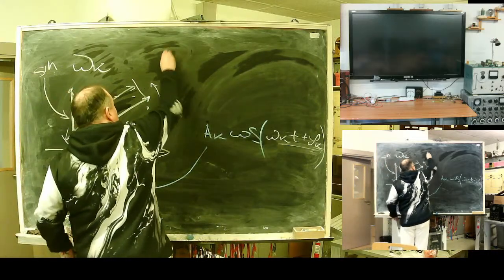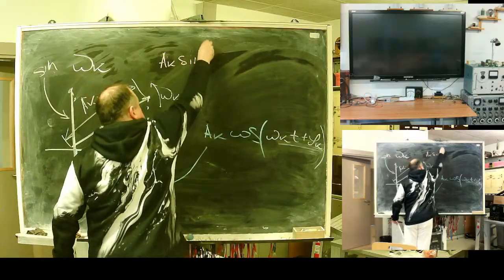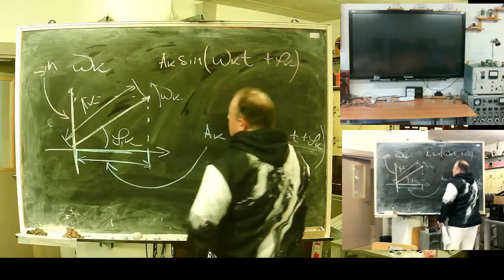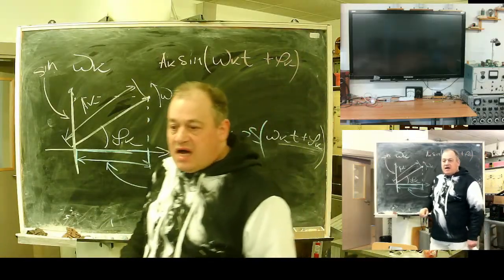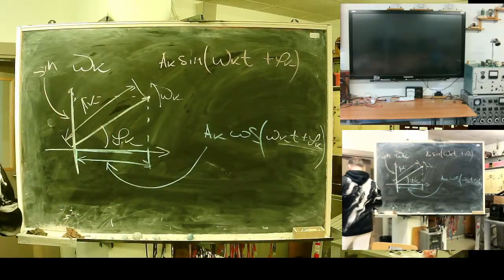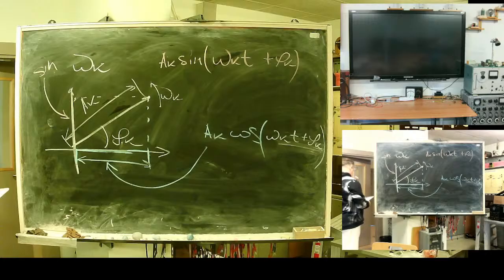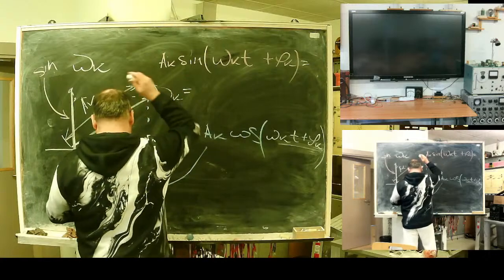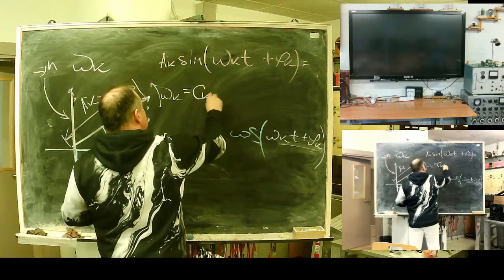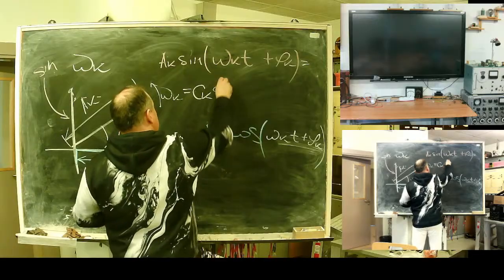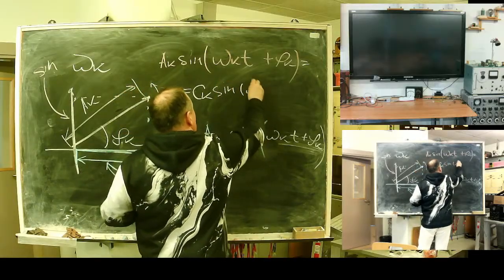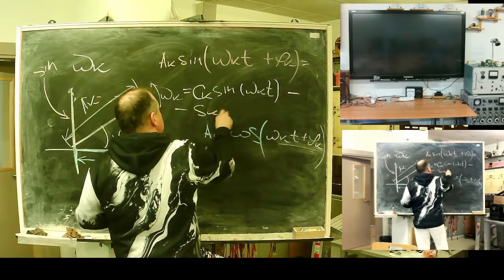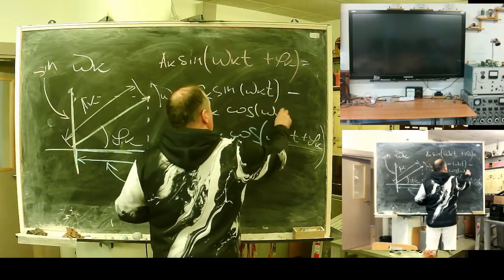Precisely, it's ak sine of omega k t plus phi k. Another projection of my signal. This is equal to ck sine omega k t minus sk cosine omega k t.